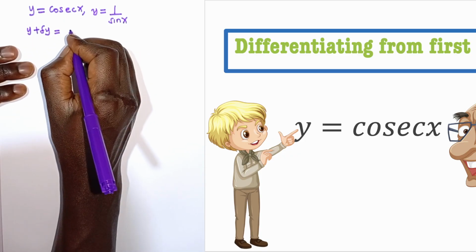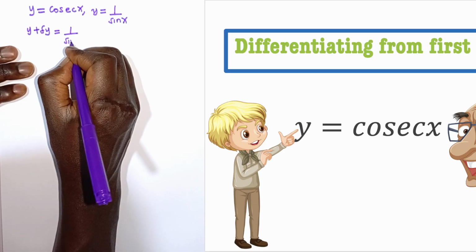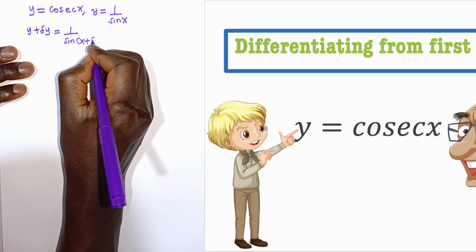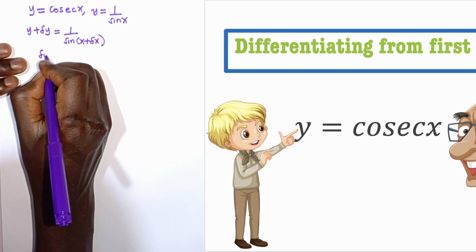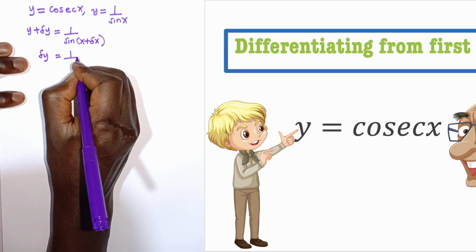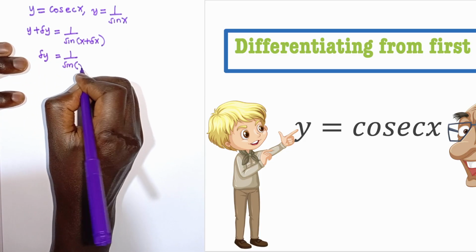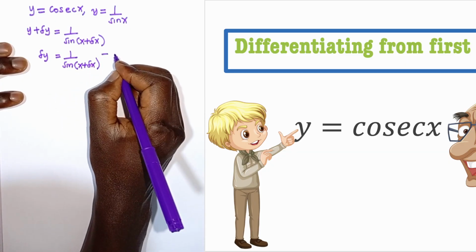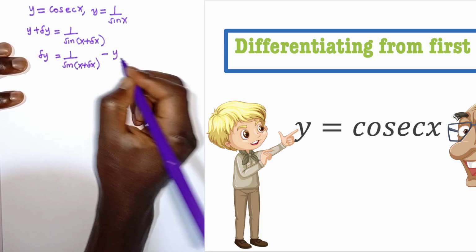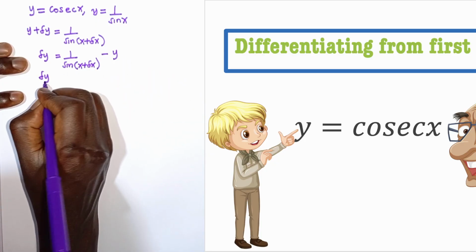So y plus change in y is equal to 1 out of sine of x plus delta x, that is change in x. So making delta y the subject, we have delta y is equal to 1 out of sine x plus delta x minus y.